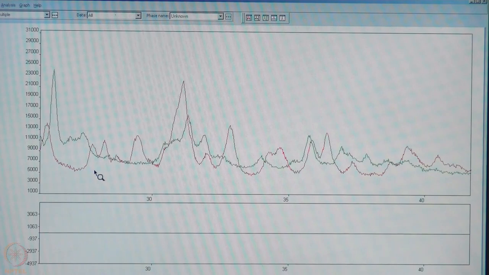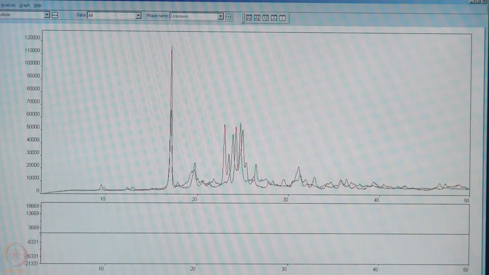Of course, if the sample is completely different, then the two patterns can be different, and they are not polymorphs. So, we need to have prior information about the origin of the sample.